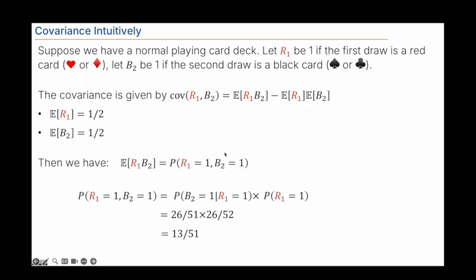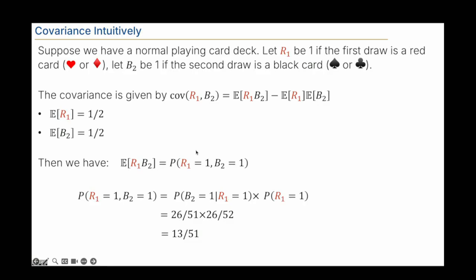Remember, that these are jointly distributed random variables. And as a result, there's an underlying sample space of all the different draws you could ever have for all the cards, right? So it's all the possible draws of drawing 2 cards out of the deck. And the random variables R1 and B2, they're mapping some of those samples to the values 1, 1.